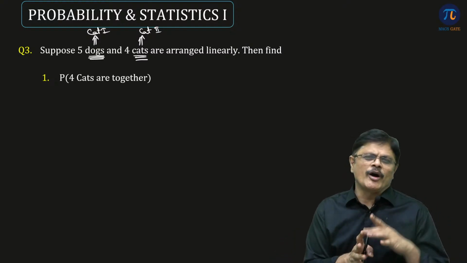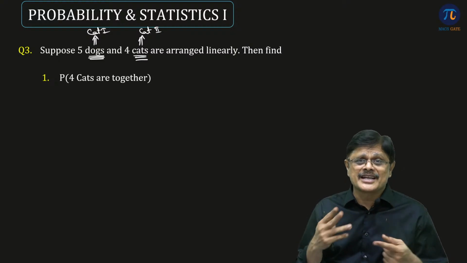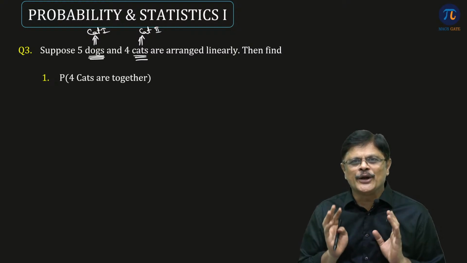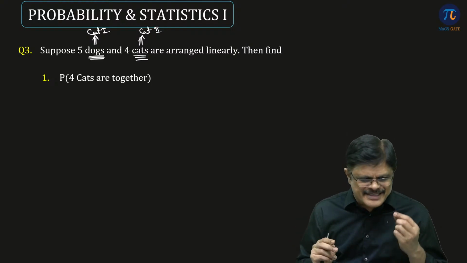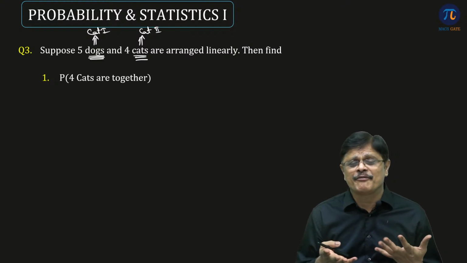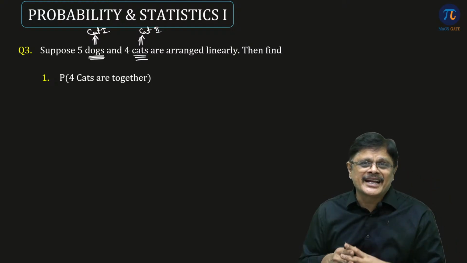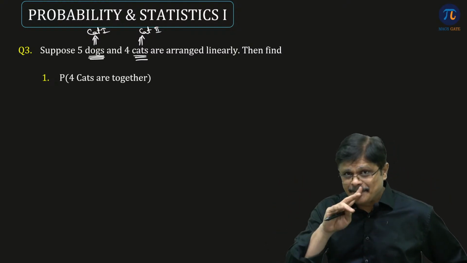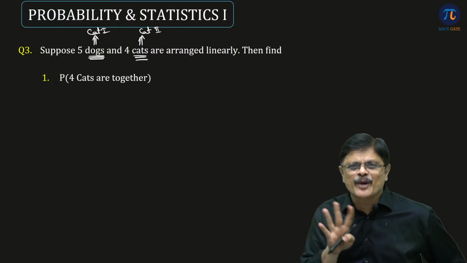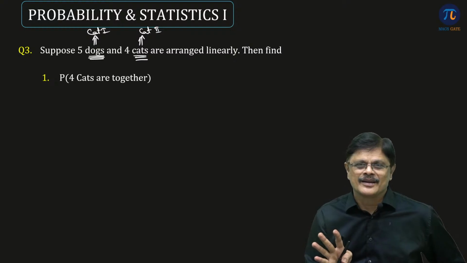There are 5 of category 1, there are 4 of category 2. Try to understand. If you just solve dogs and cats, you will have only dogs and cats. But if you see the logic behind it, you can handle any such problem where you have 5 of one category and 4 of the second category. Try to understand that generalization. Then when they ask any such problem, you won't find a difference.